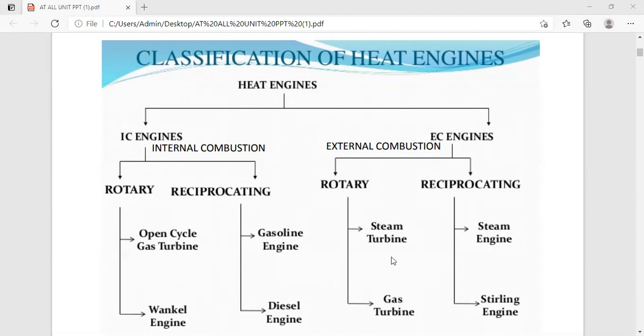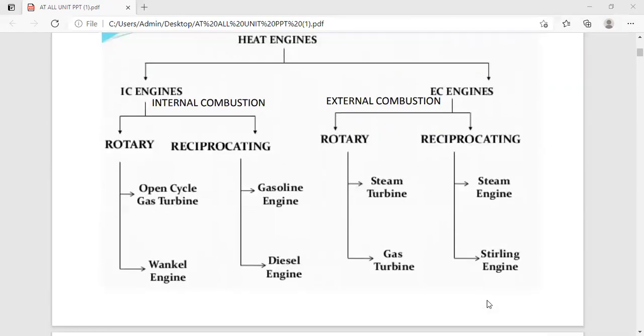That's why we classify it as per the working fluid. The next part is the reciprocating external combustion engine, where we classify the steam engine and the Stirling engine. So this is the external combustion engine.